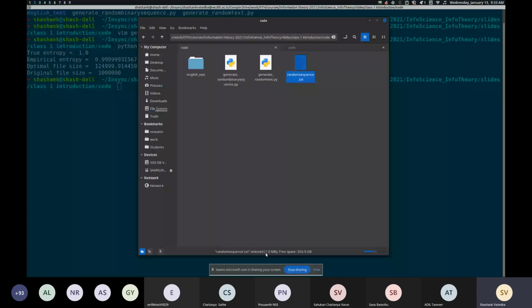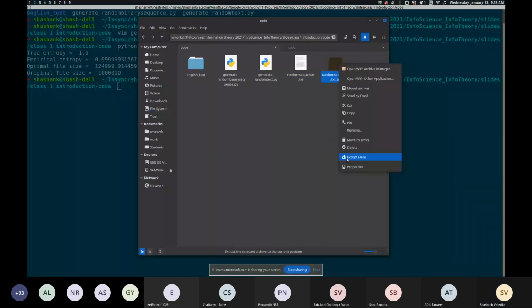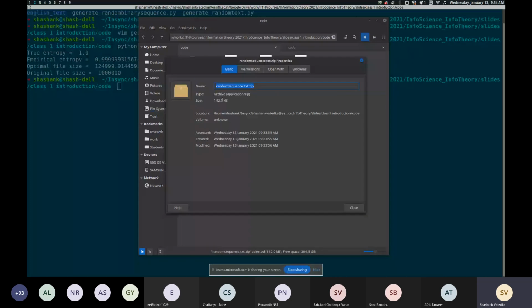Now let's see what happens when I compress this file. The file size now is 140 kilobytes. If I compress this perfectly, a sequence of IID Bernoulli half bits, then the compressed file size in this particular case turns out to be about 142 kilobytes.